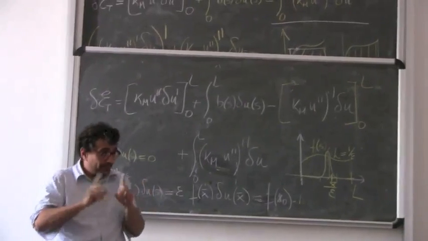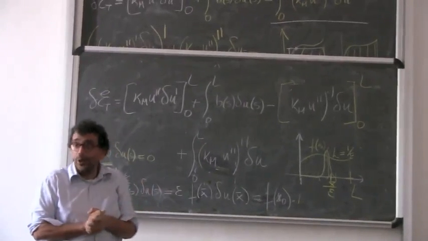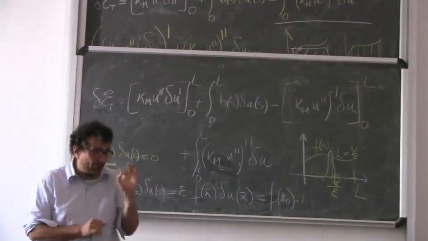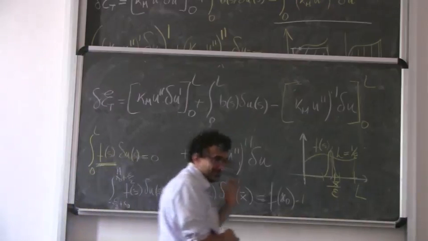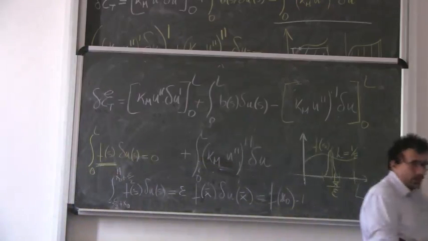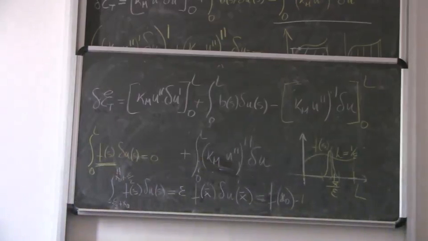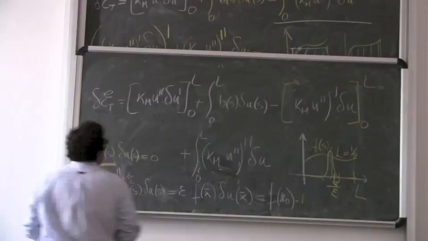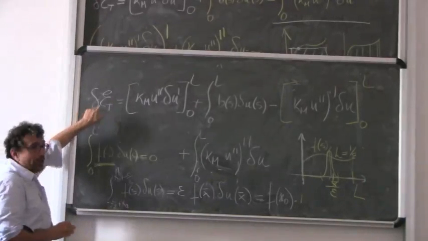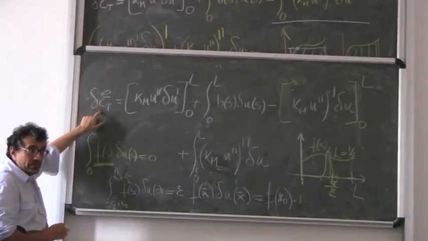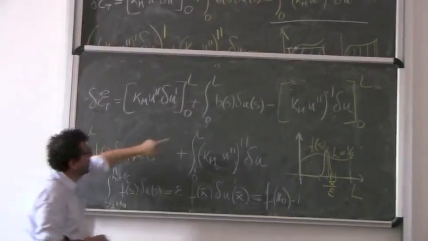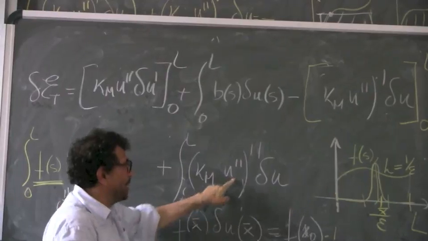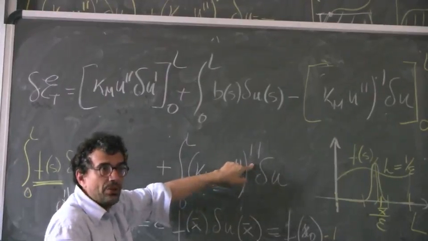Again, boys and girls, this reasoning is Lagrange. In high school, it is. Okay? So, delta epsilon t equals 0 implies that B s plus K m u second equal 0.